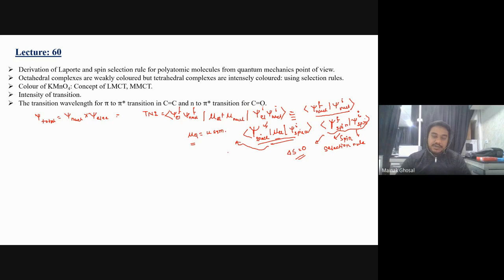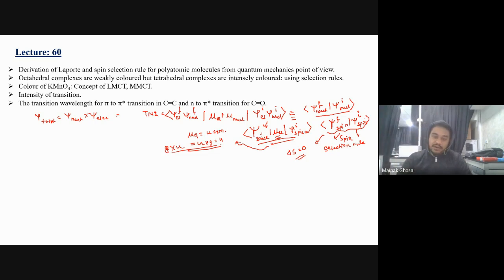So the total is totally symmetric, and in between it is u. This multiplication of the two wave functions should be u, and u comes only when g into u or u into g equals u.